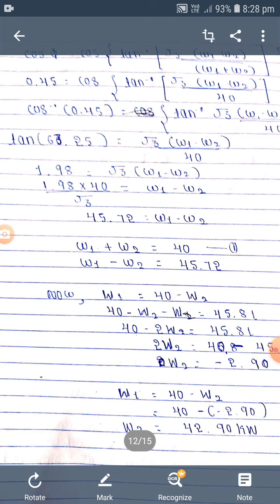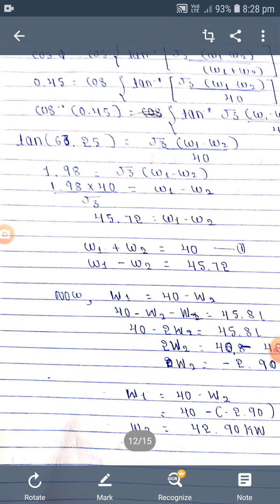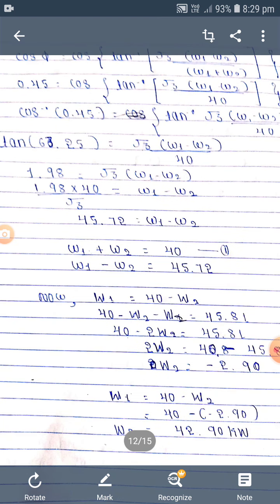Then the equation becomes 1.98 into 40 divided by root 3 equal to W1 minus W2. Finally, you are getting W1 minus W2 is equal to 45.72. Then W1 plus W2 is equal to 40.